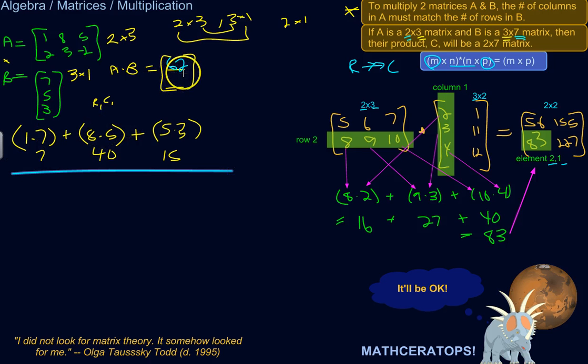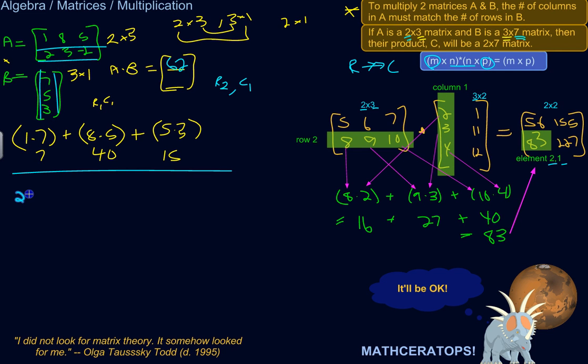Now, what is the value of this element? Okay, its location is in the second row, first column. So that means I'm going to multiply the second row of A by the first column of B, and then add them together to get this value. So now we're dealing with row 2, and again column 1.